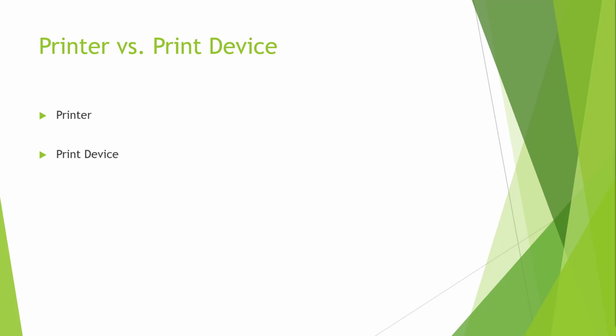The physical device is what we're going to be denoting as the print device. We're not going to be calling it the printer anymore. The printer is the software application on the local machine controlling the print device. The printer driver, for example, is the software that will sit between the OS and the installed software, the printer. So again, the physical device, we're going to start calling it the print device.